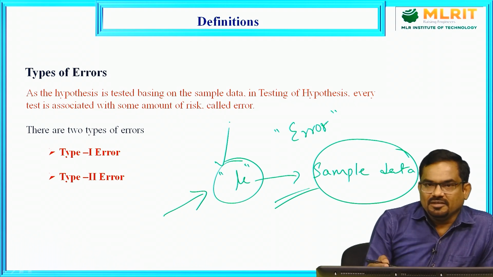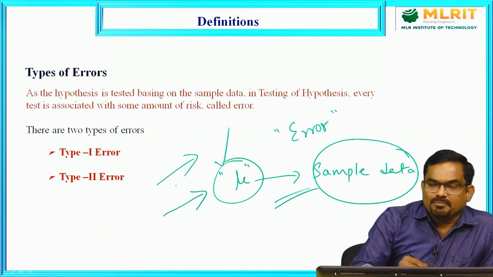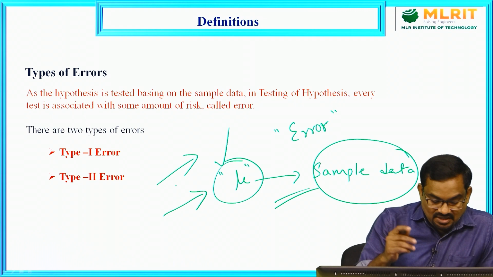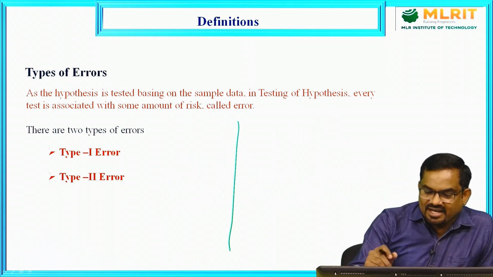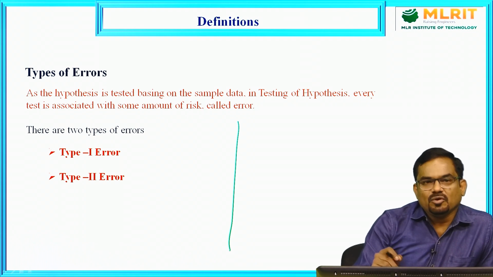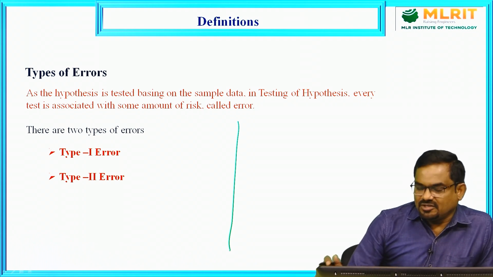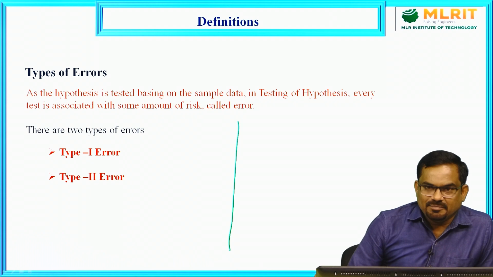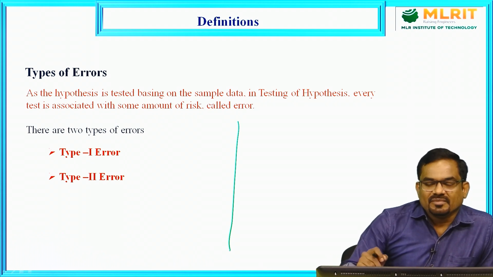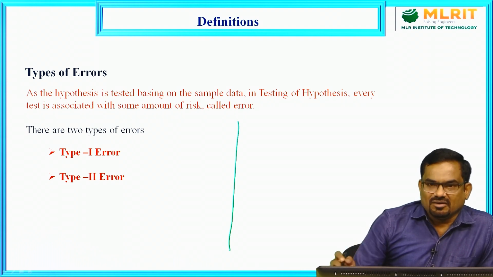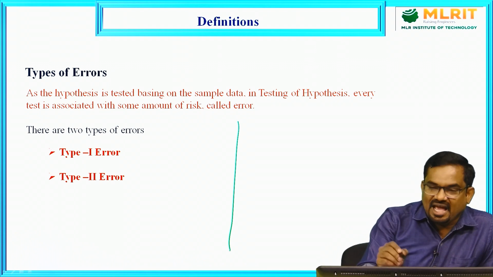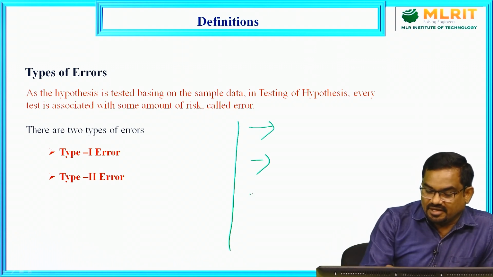So, obviously, there may exist some errors. As an example, let us suppose on a rainy day, a man going to office is in a dilemma whether to take his umbrella or not. Now, he has to take the final decision, and there are four possibilities.